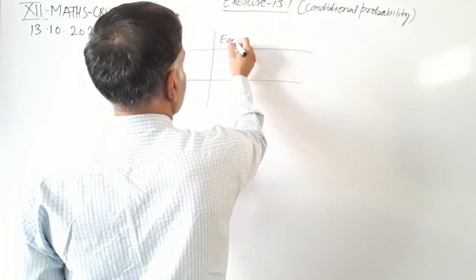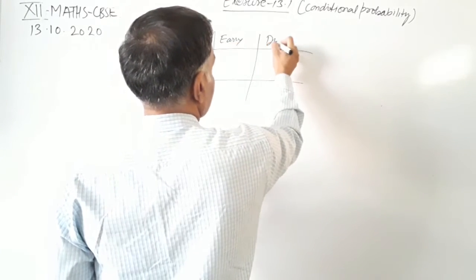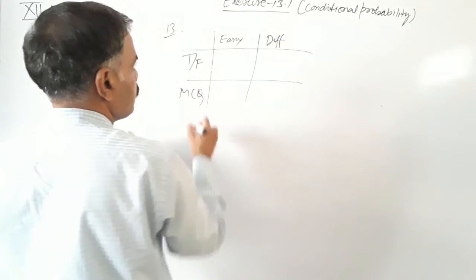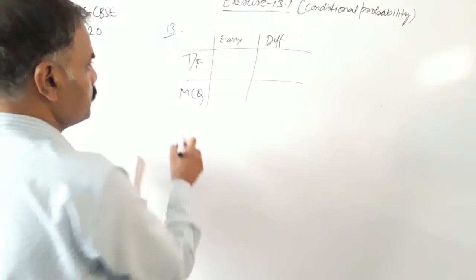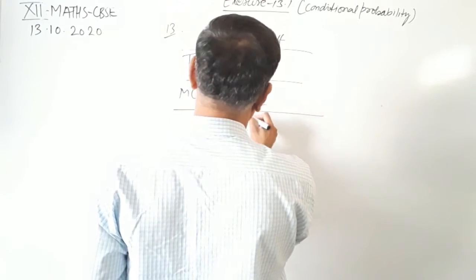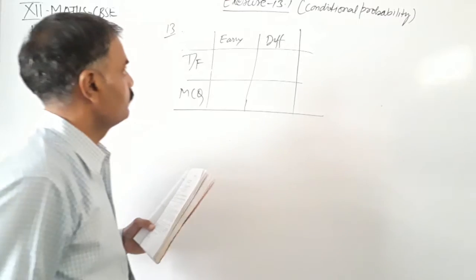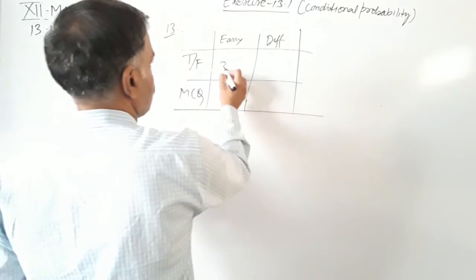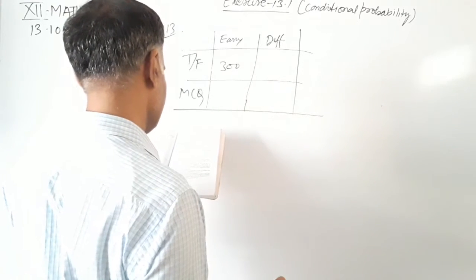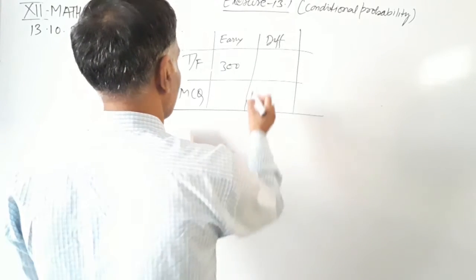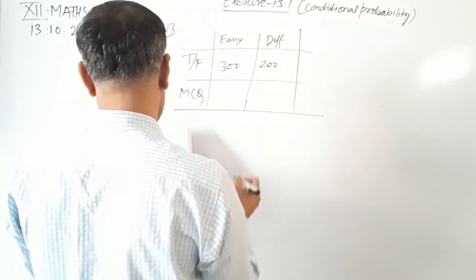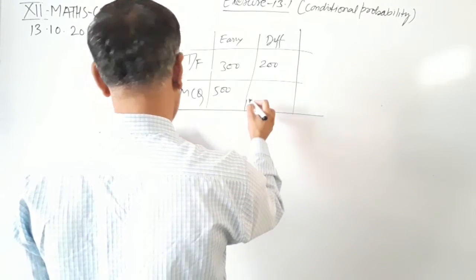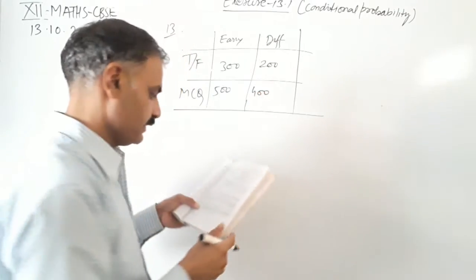This is easy, this is difficult, this is true or false, and this is MCQ. Two types of questions are there, true false questions and MCQ, and both are easy and difficult. So 300 easy true false questions, 200 difficult true false questions, 500 easy multiple choice questions, and 400 difficult multiple choice questions.